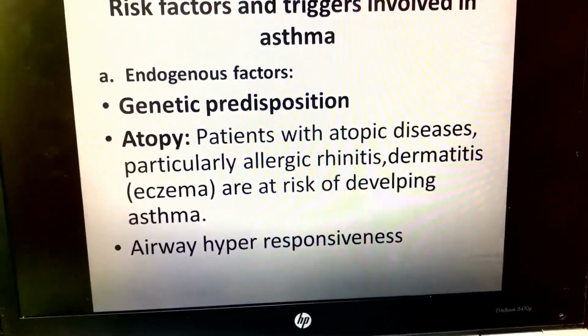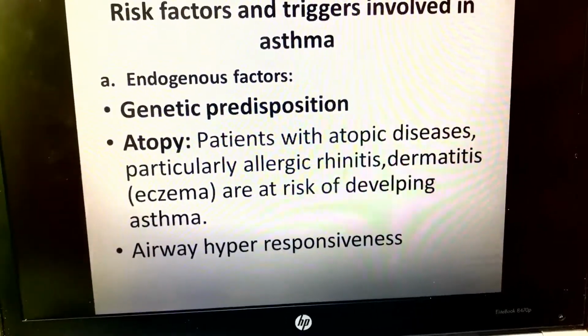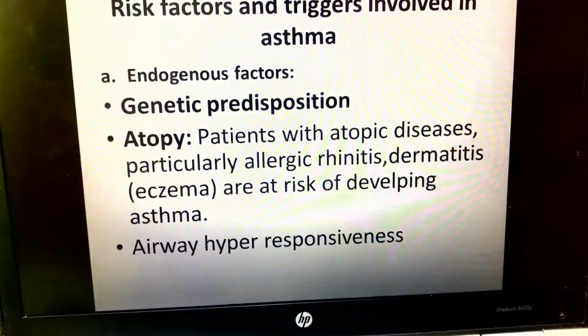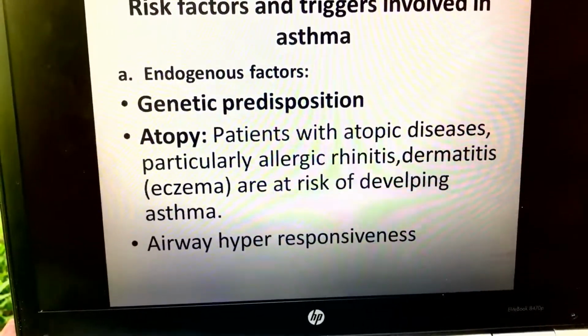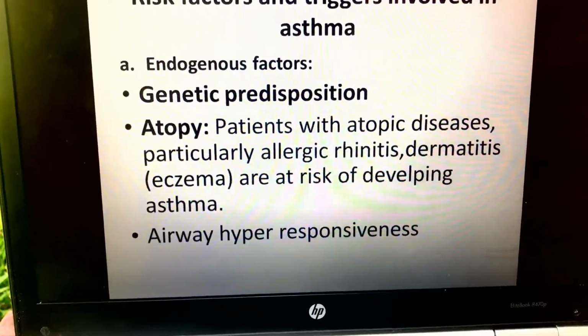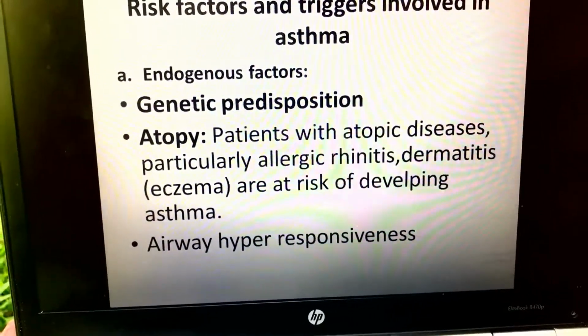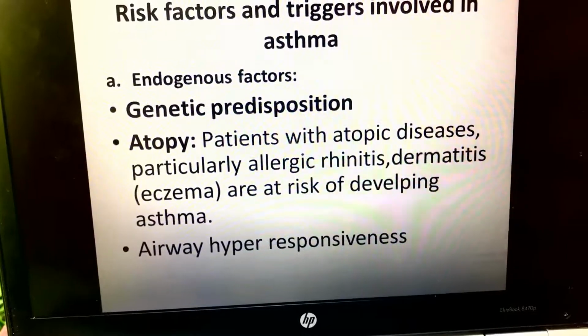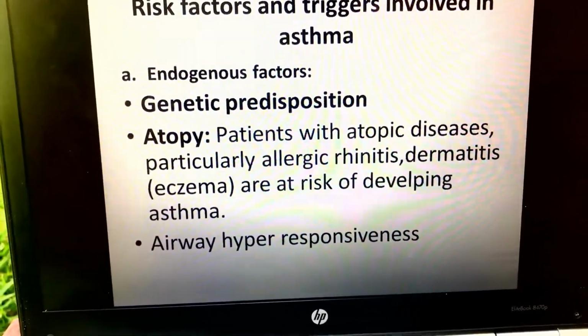The response will be inflammation. The site will produce heat. There will be redness, swelling and even pain. That swelling in the bronchi will tend to obstruct the bronchial tube.